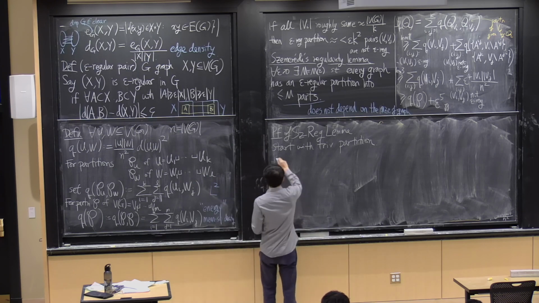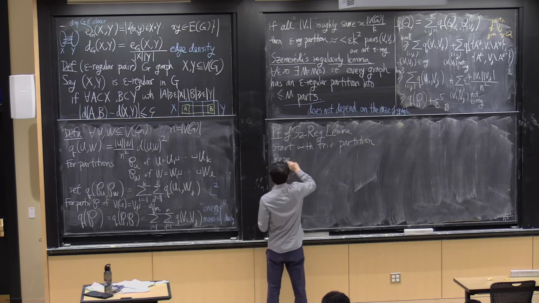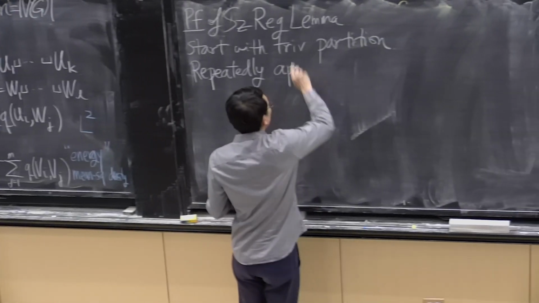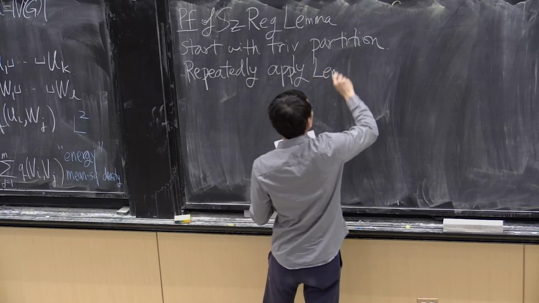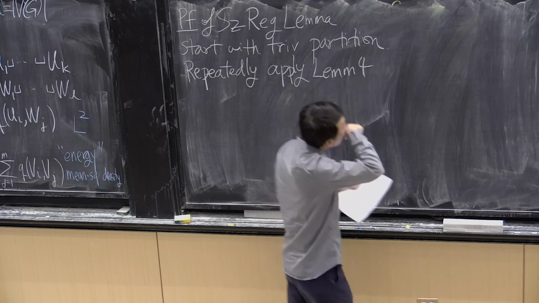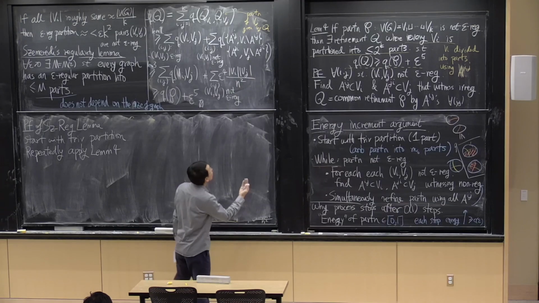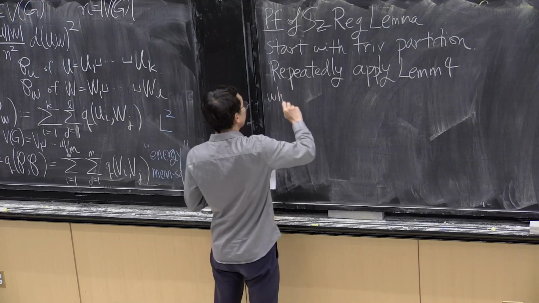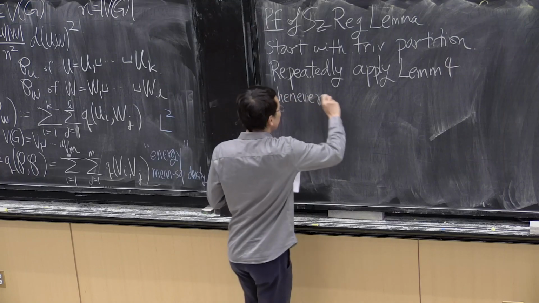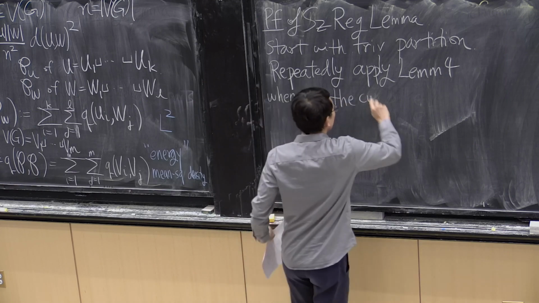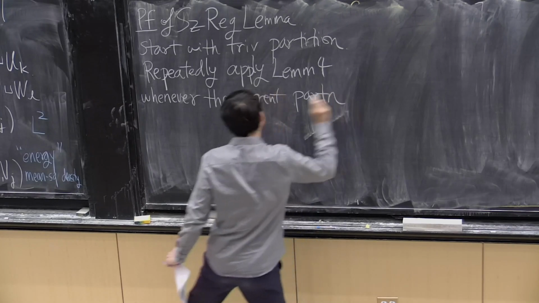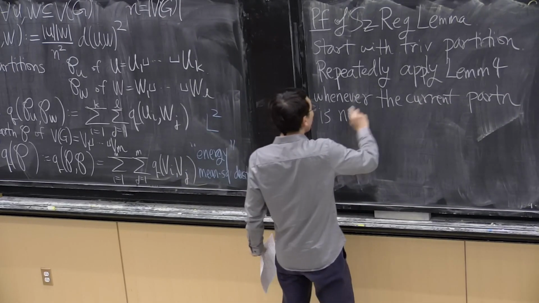And we are going to repeatedly apply lemma 4 whenever the partition at hand is not regular. Okay, so whenever the current partition is not epsilon regular.